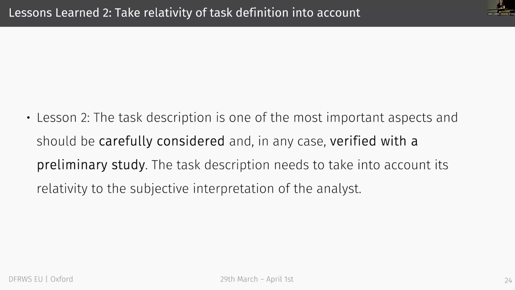An ambiguous task description can blow up your whole experiment. And this is why one of our experiments failed, actually. Therefore, if you conduct such experiments, you have to carefully consider the task. You have to consider the goal which you want to achieve.